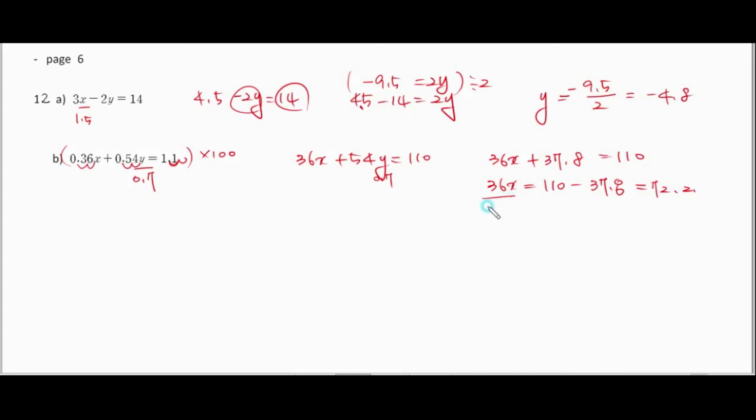And then I'll divide both sides by 36. Then it will be x equals 72.2 over 36. And that equals 2.00555. It will just go like this. So it will just be right here. It'll be 2.01.